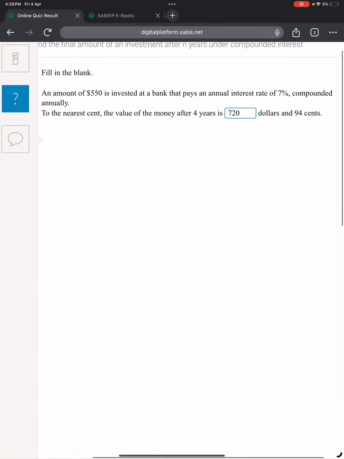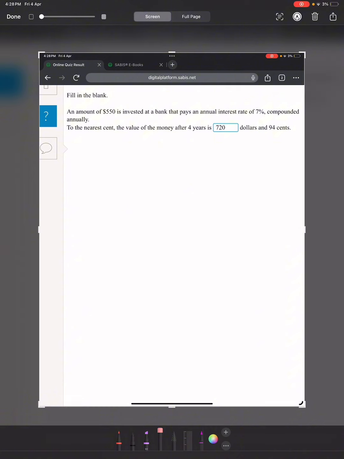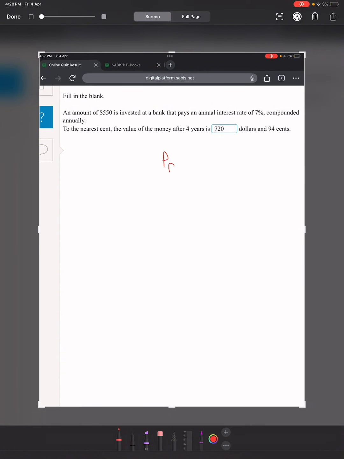Basically, the formula we're going to use for this is P final equals P initial times 1 plus r to the power of t.